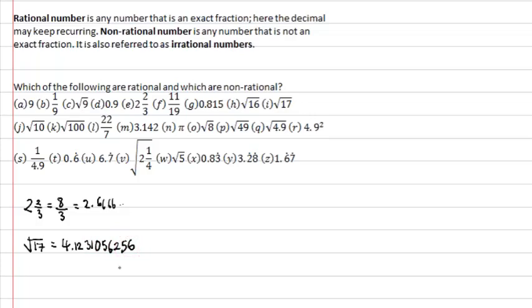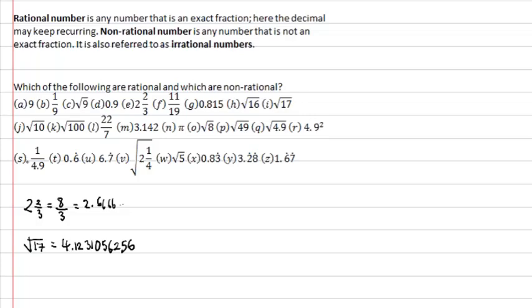This is an irrational number. As you can see, it's just giving different numbers, not in any kind of pattern, not repeating a number. There's no repetition here. So this is not a rational number, it's an irrational or non-rational number. So I is a non-rational number.